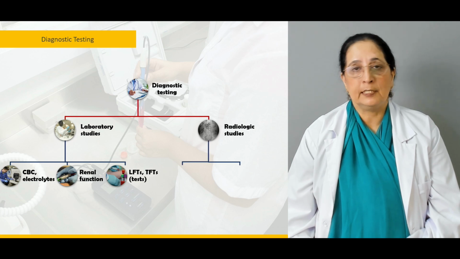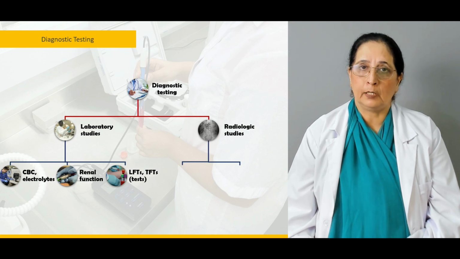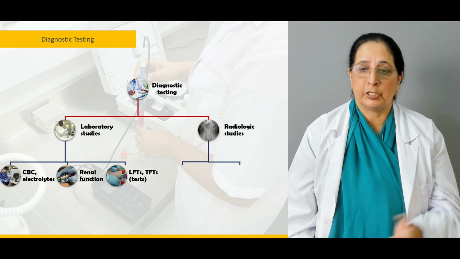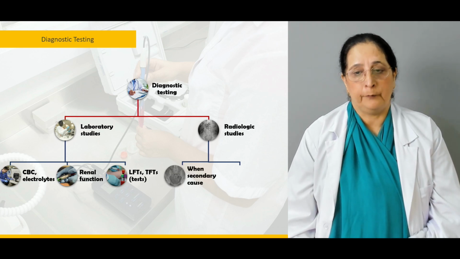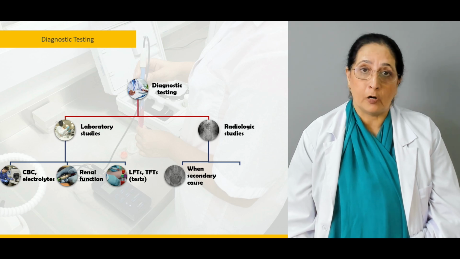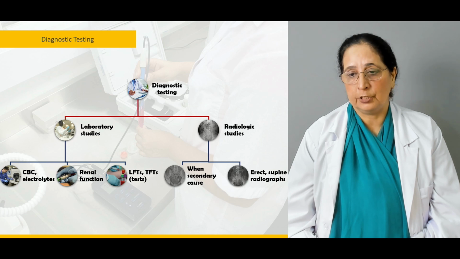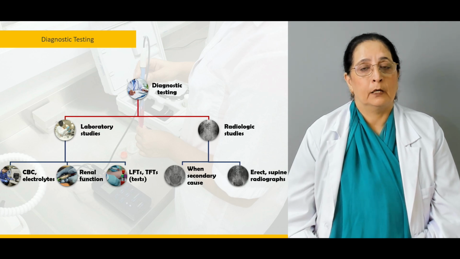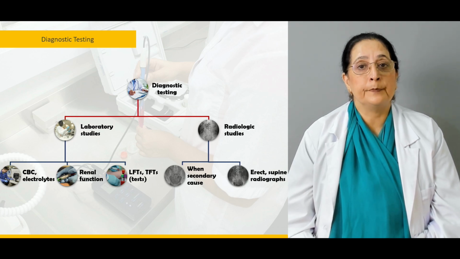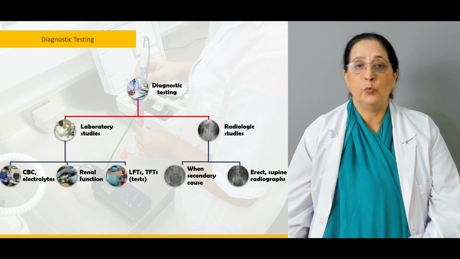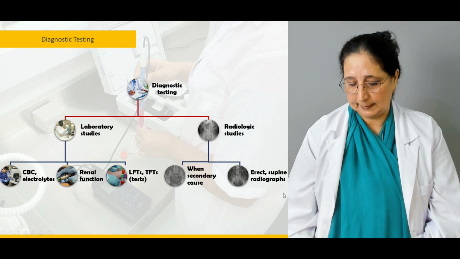Some radiologic studies are very important if we need to diagnose any perforation or obstruction. They are helpful when there is a secondary cause like rupture, perforation, obstruction, intussusception, volvulus, with erect and supine radiographs.